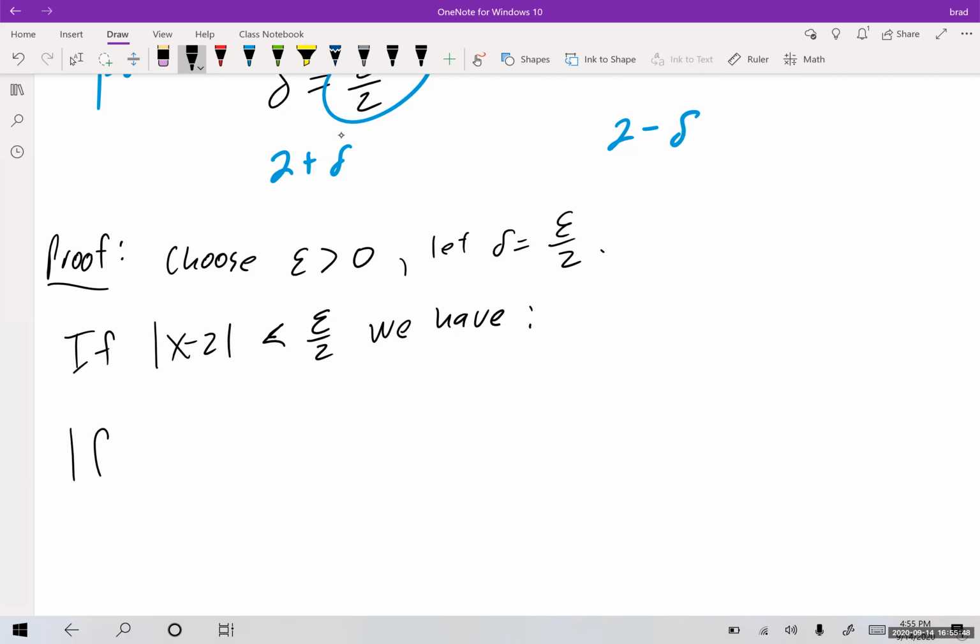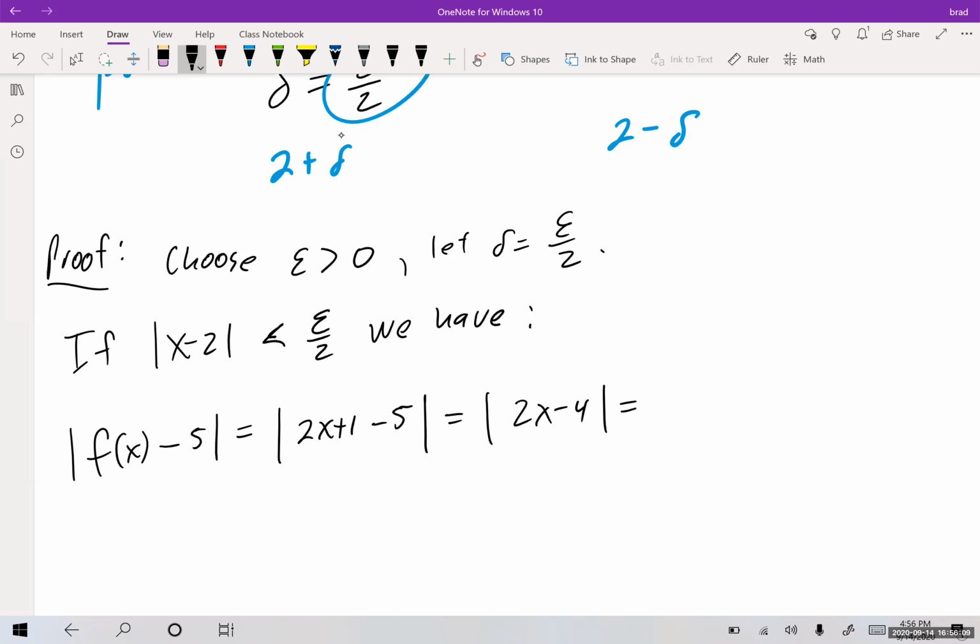So I'm going to take the absolute value of f of x minus 5, okay? But then that means, didn't we say f of x was 2x plus 1? So that means the absolute value of 2x plus 1 minus 5, but that's actually equal to the absolute value of 2x minus 4, right?